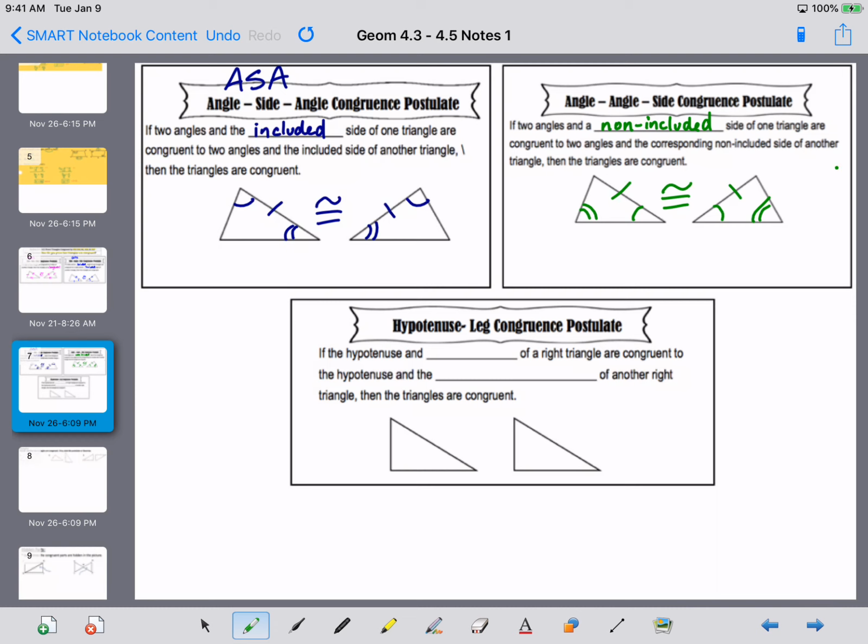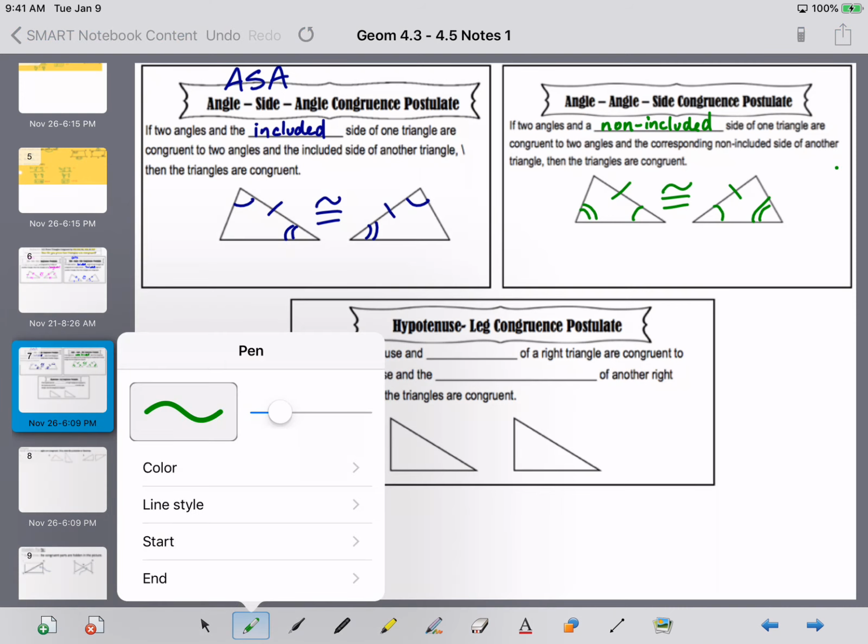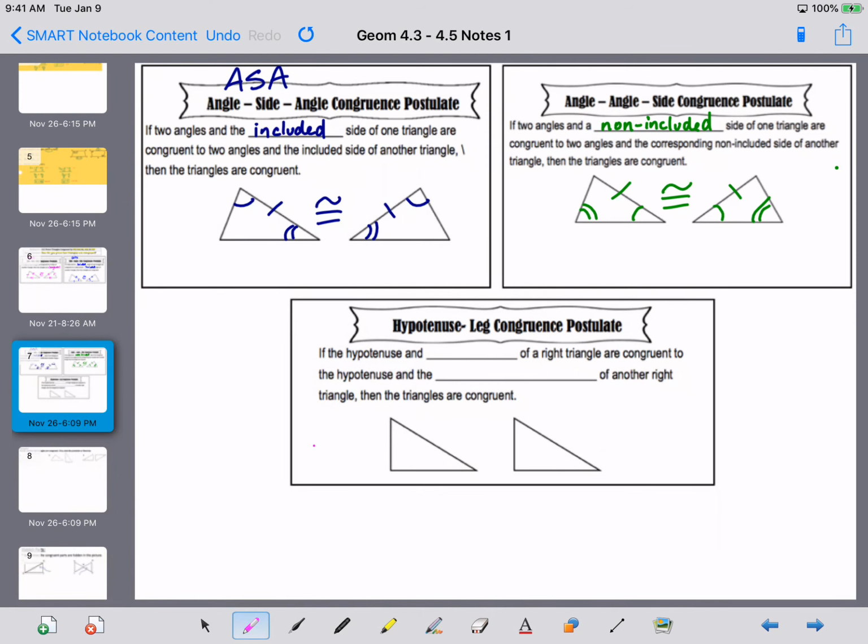All right, the last one only works for right triangles. So we're going to point that out very, very clearly. This one is only for right triangles. So you cannot use it for any other triangle than right triangles. But it tells us that if the hypotenuse, which is this side, and a leg of a right triangle, so a leg, and I have a right triangle, would be one of the 2 sides that makes the right angle.